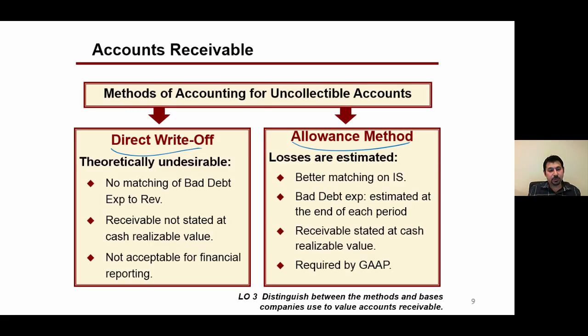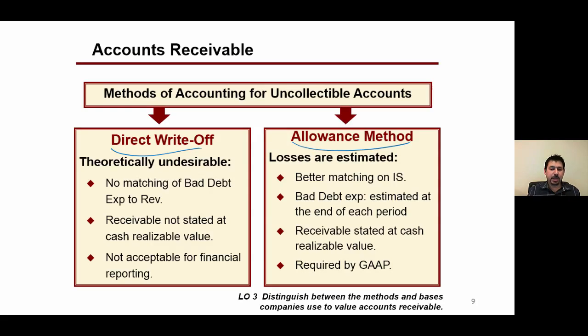The problem here is that it will not actually match the revenues. The sales revenue was made in 2014, but the write-off, which is the bad debt expense, was recognized in 2015, which violates the matching principle, where expenses should follow the revenues. The revenue was recorded in 2014, but the expense was recorded in 2015. This is why this is not acceptable for financial reporting.